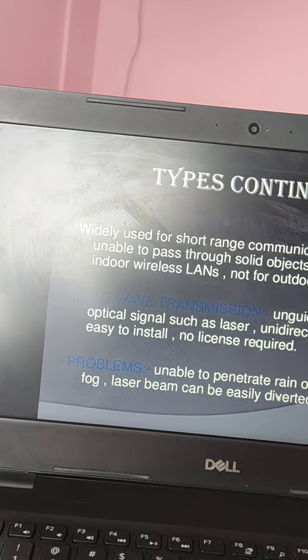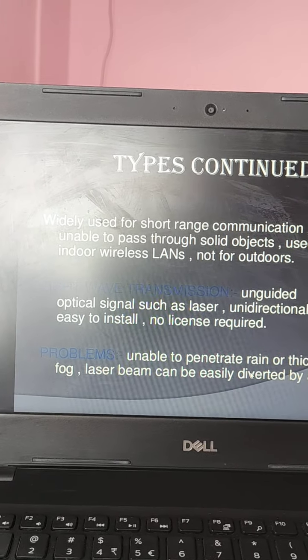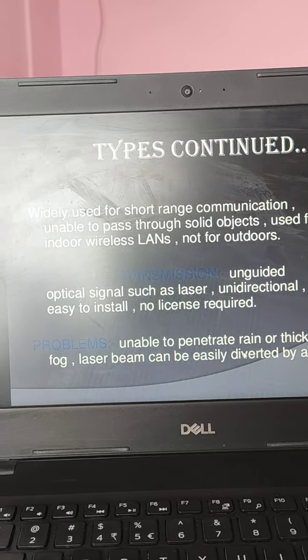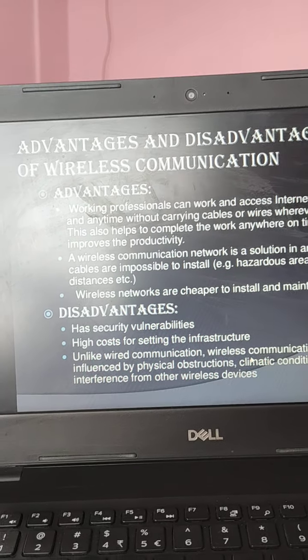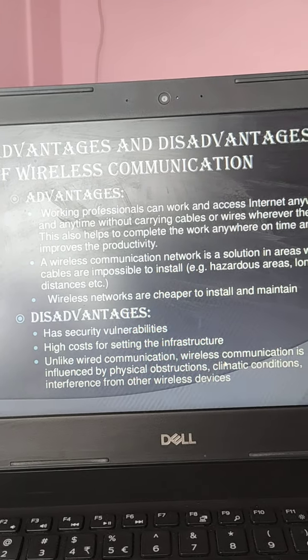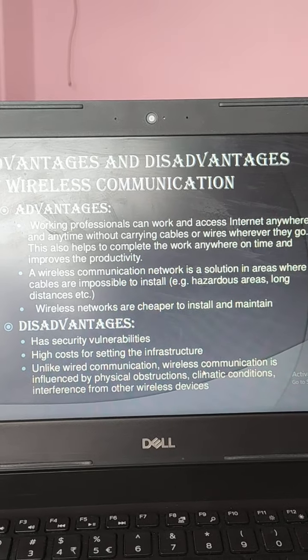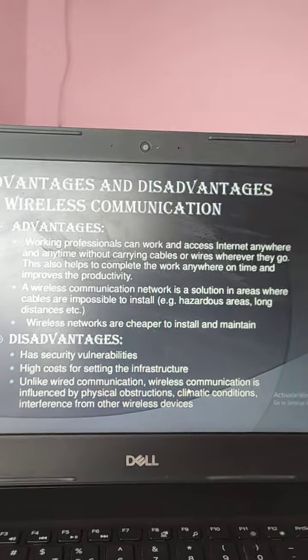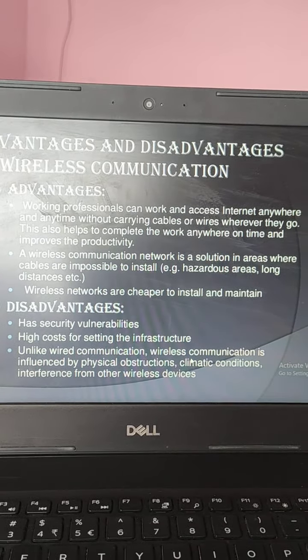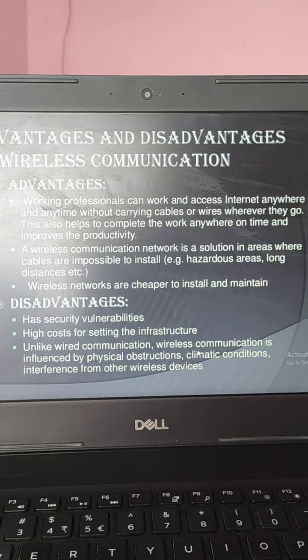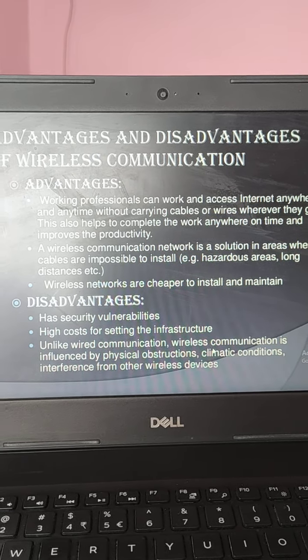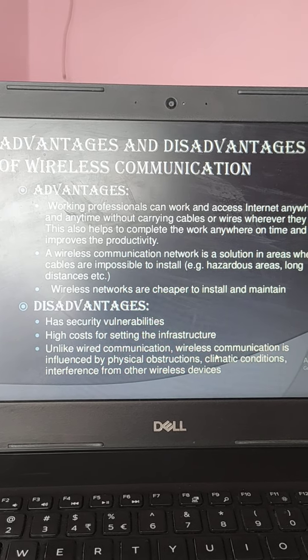Another one is light wave communication, which uses unguided optical signals such as a laser, unidirectional. The advantage is that working professionals can work and access the internet anywhere and anytime without carrying cables or wires. Wireless communication is also a solution where cables are impossible to install, such as over long distances.